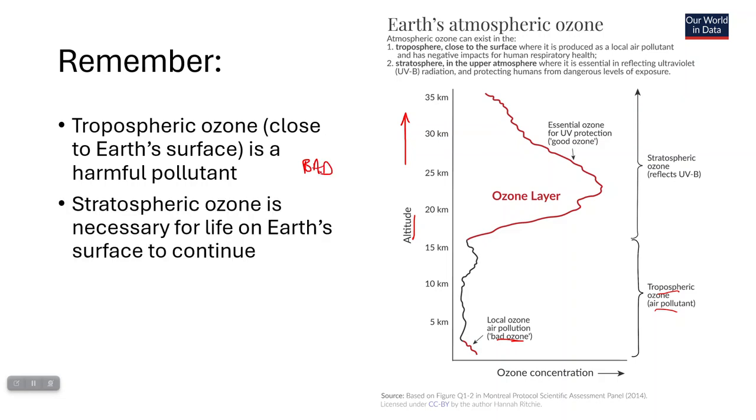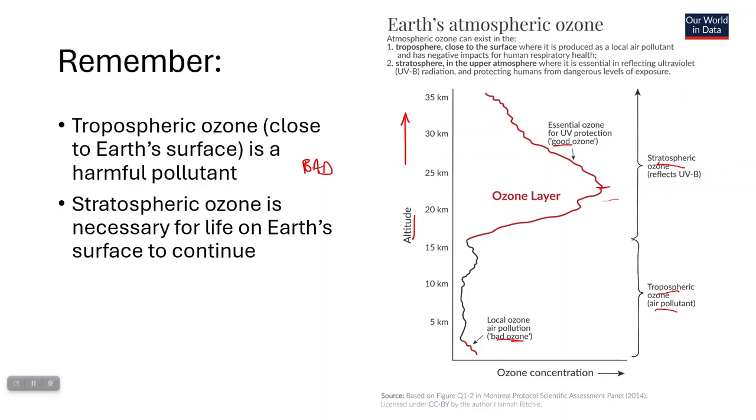But higher above the earth's surface in the layer called the stratosphere, you have beneficial ozone. And we're going to talk about why that ozone is beneficial and kind of what we've been doing to it. So notice around here, you have kind of the peak concentration of the ozone in the stratosphere, and it's at about 25 kilometers above the Earth's surface.